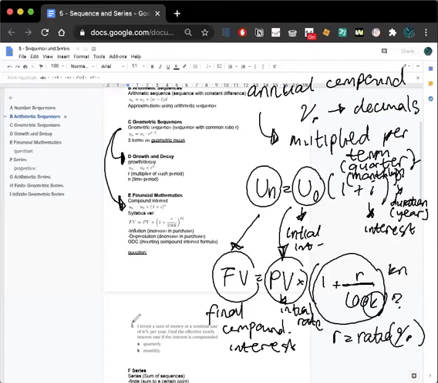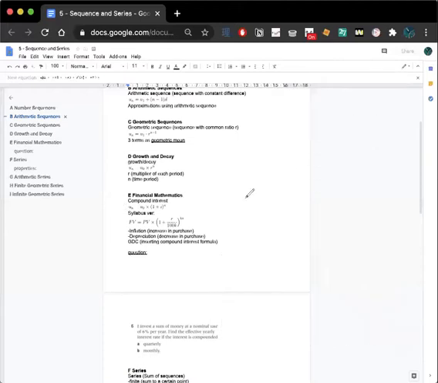I have an example right here that we can work on to demonstrate how it works.